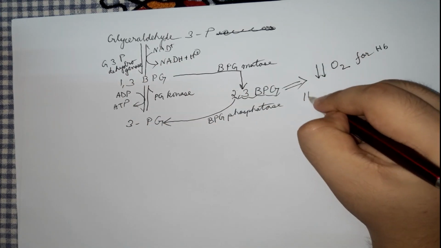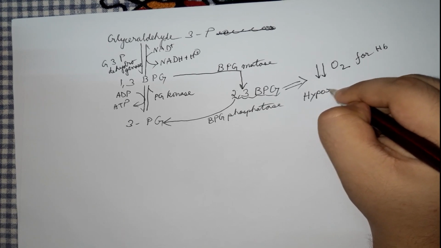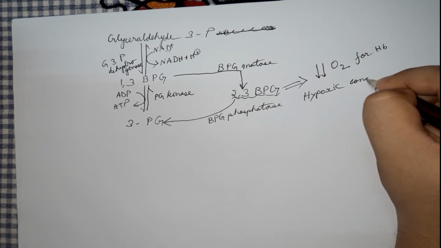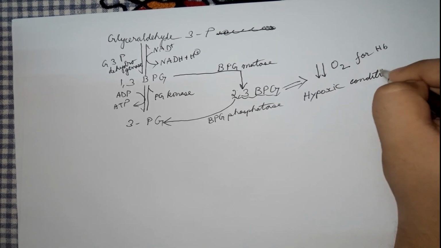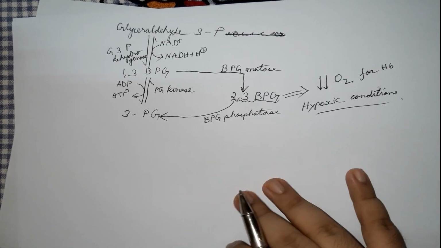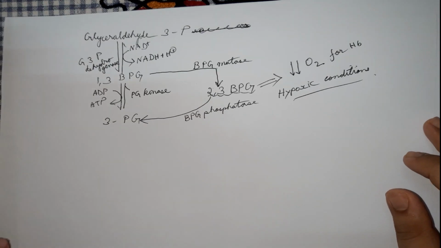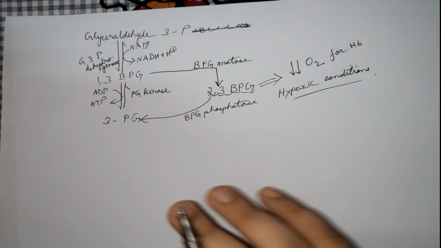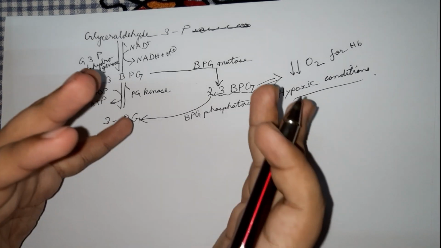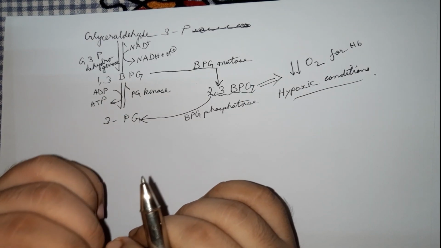So in hypoxic conditions, where oxygen level is less and we are in dire need of oxygen, such as at higher altitudes, our body automatically adapts to the situation by increasing 2,3-BPG concentration in the blood.